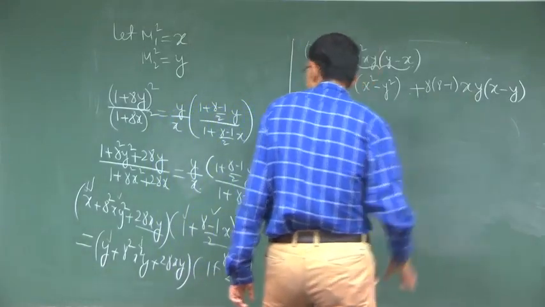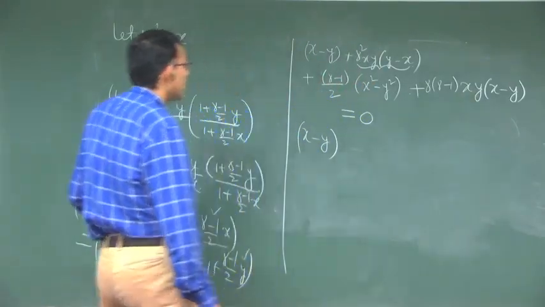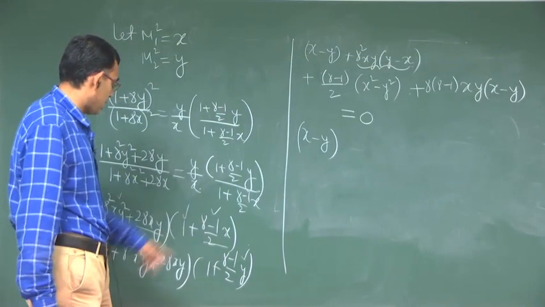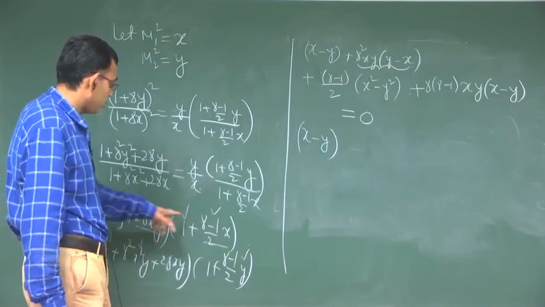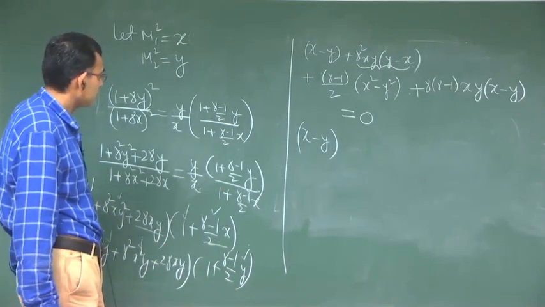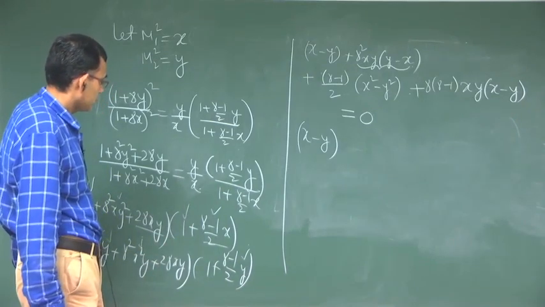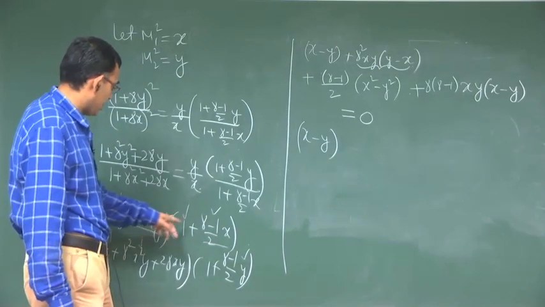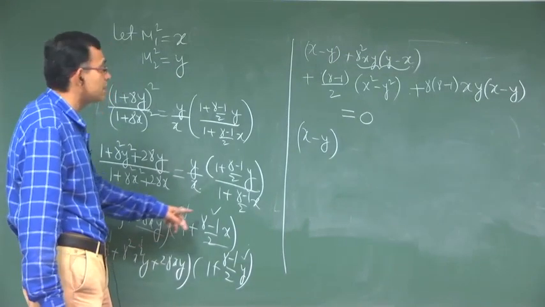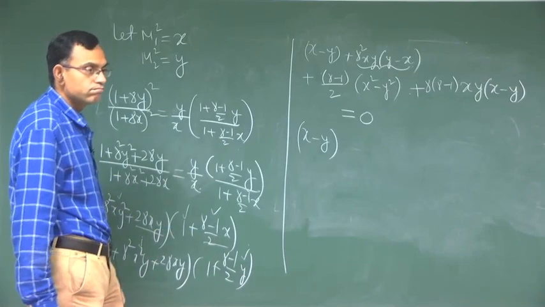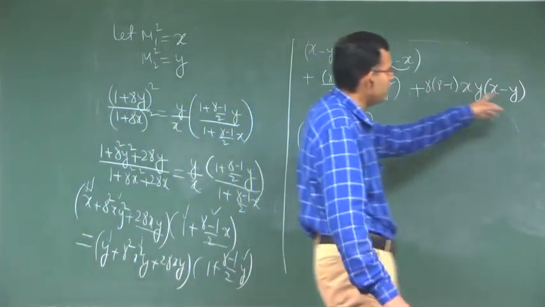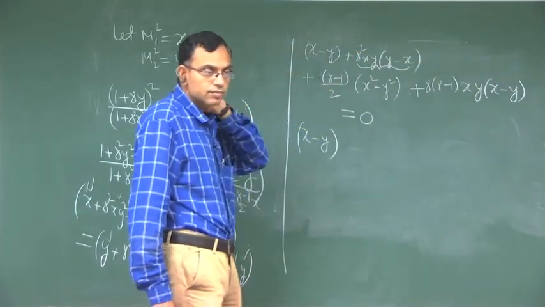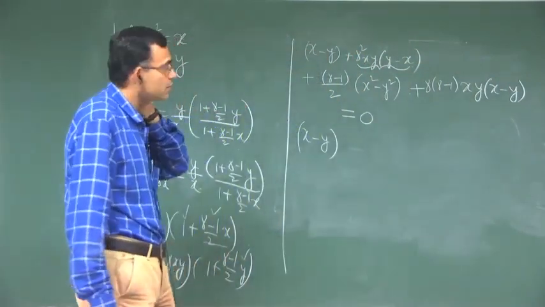Where did this term come from? The last term multiplied with the last term, gamma into (gamma minus 1), 2 gets cancelled, it is x square y. So x y into (x minus y), so they are not actually cancelling. Let us see how it goes.